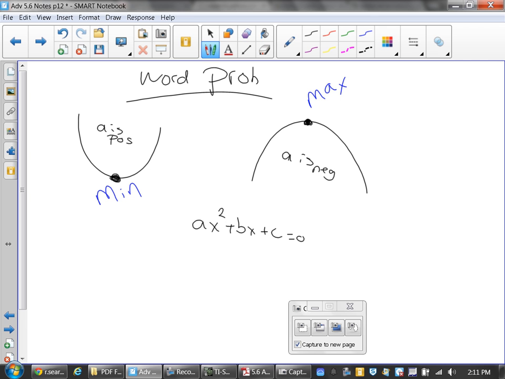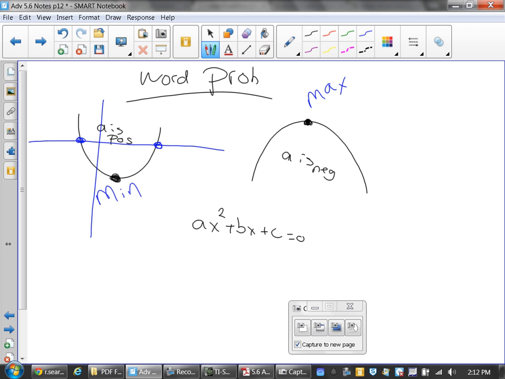Okay. Now, the other thing that happens within graphs of parabolas is that we've been doing a lot of this. What are those called? The zeros. Those are the zeros, all right? So we've been working a lot with that stuff.